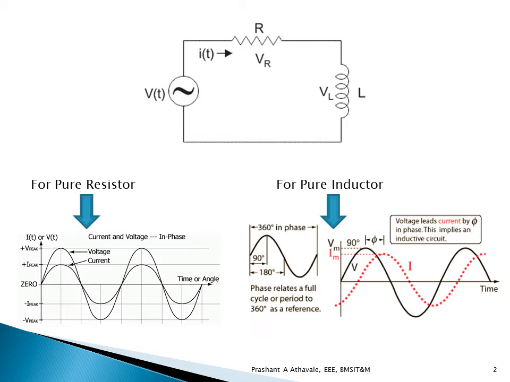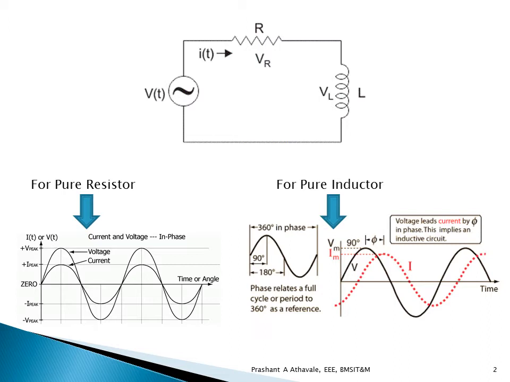In the bottom two graphs, the waveforms that are shown, you can see one is for the pure resistor. If the pure resistor is excited by the voltage source, then the resulting current will be in phase with it. Both the voltage and the current will reach their maximum value at the same time, whether it is the positive maximum or the negative peak.